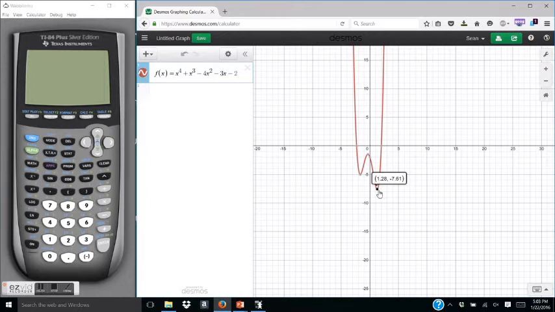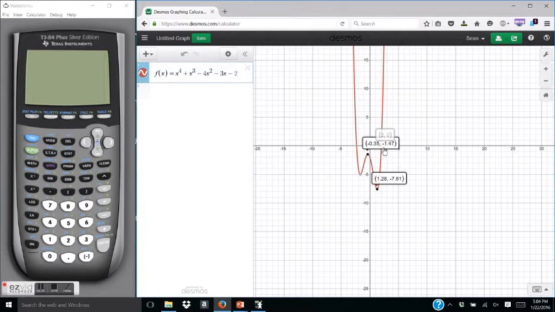One nice thing is, Desmos automatically looks for these important points. So it tells us 1.28 and negative 7.61 is the location and the value for the absolute minimum for this function. We can have this point up here, which is negative 0.35 for the location and a maximum of negative 1.47.